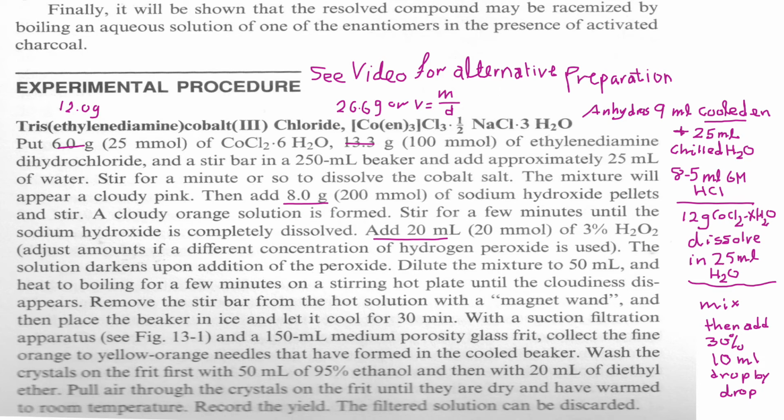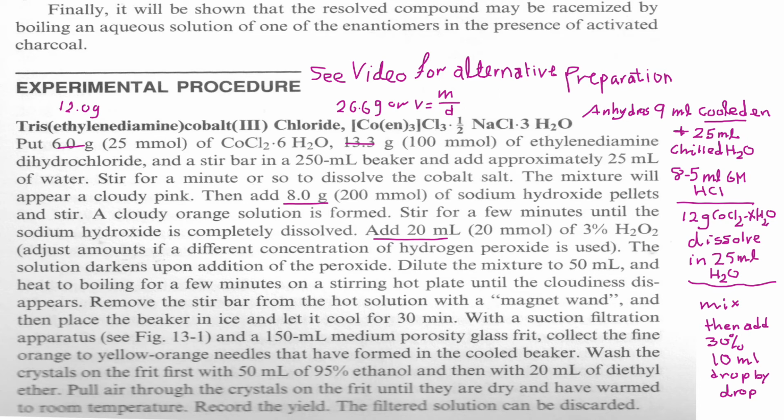You stir for a minute or so and make sure the cobalt dissolves, which is separate, and you dissolve the cobalt before you start the reaction. Then you add 8 grams of sodium hydroxide pellets, solid pellets, and 20 ml of 3% hydrogen peroxide to oxidize the cobalt 2 to cobalt 3.